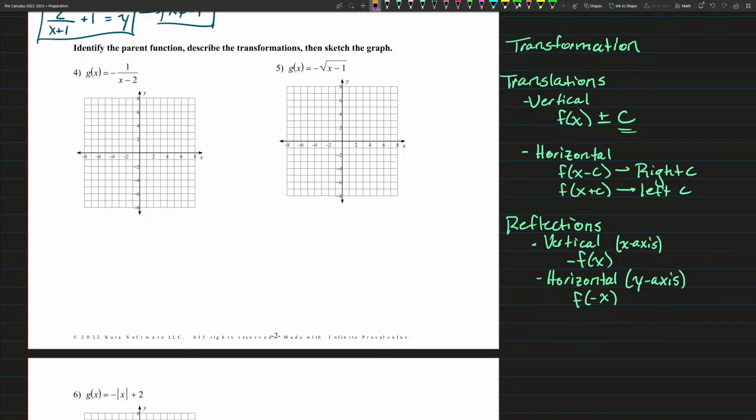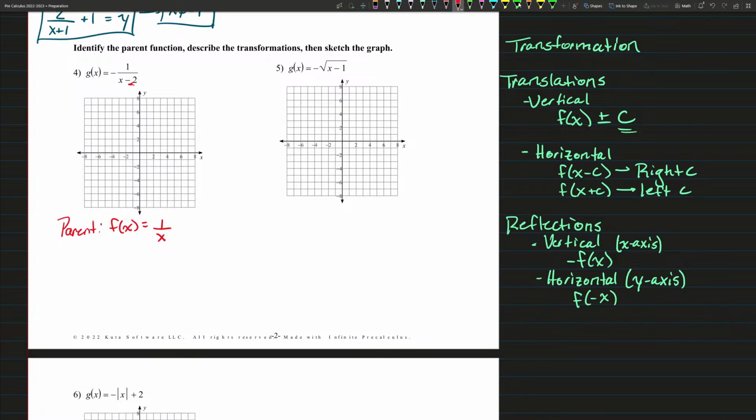So first thing I want us to do is identify the parent function. Tell me the translations, so left and right, up or down, and then tell me the reflections. So for number 4, we see this -2. First, parent function, that's f of x is equal to 1 over x.